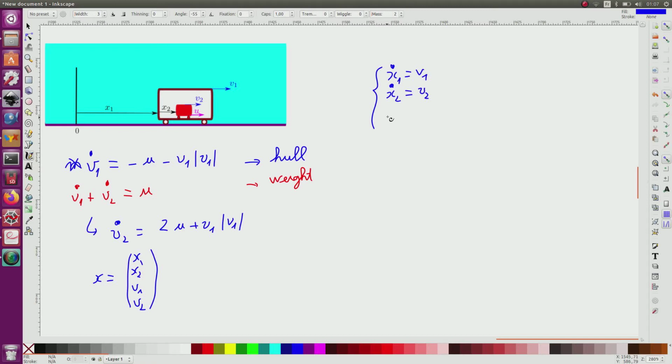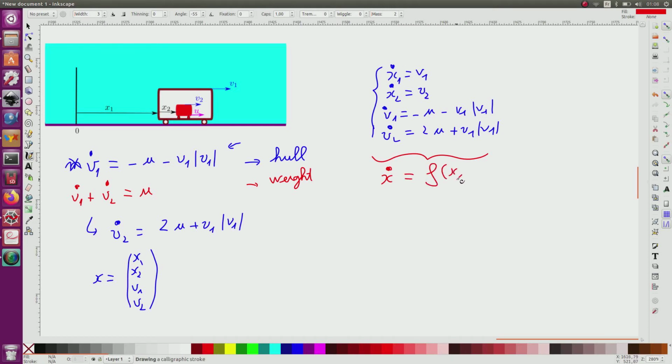And from this equation, I get v dot 1 is equal to minus u minus v1 square, and v dot 2 is equal to 2u plus v1 square. Okay, so I have a state equation because I have the derivative of x equal to a function of x and u.